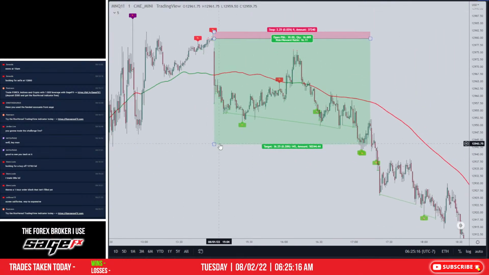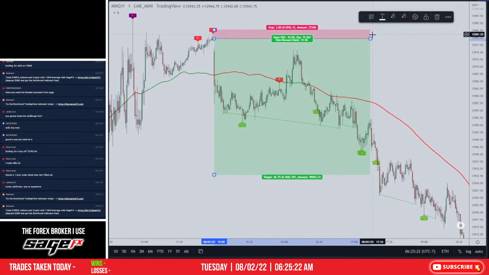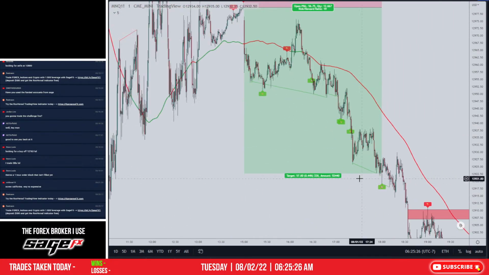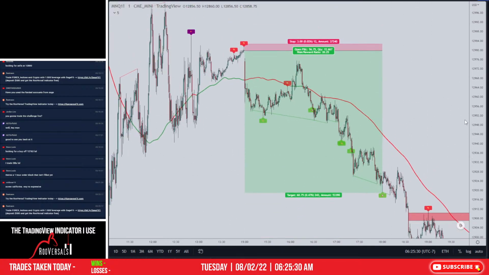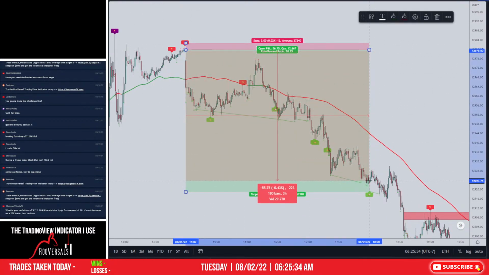Let's see how long it would have taken for 20R to hit on this. Stop loss, put it a little bit above to factor in the spread. And that only took three hours.